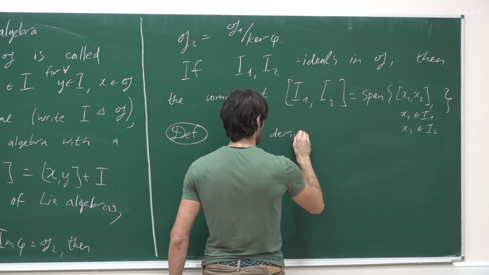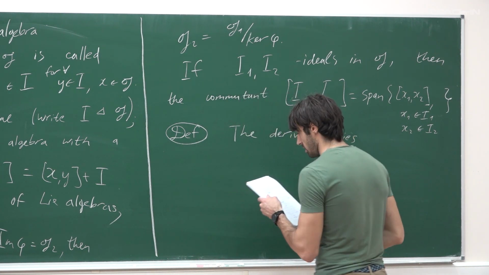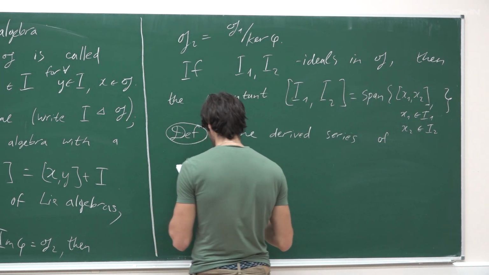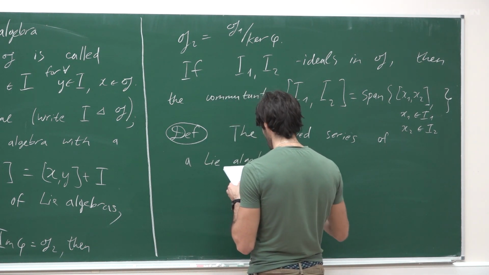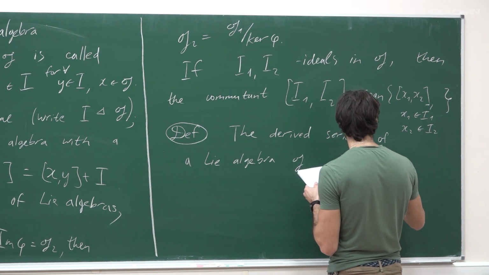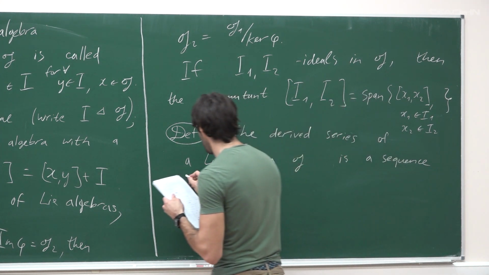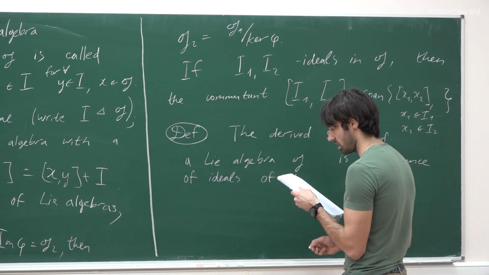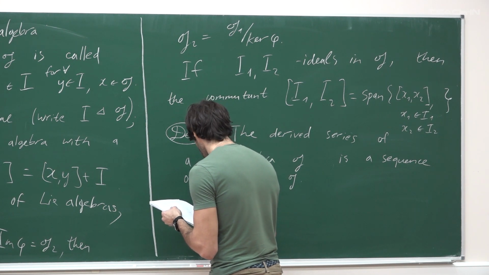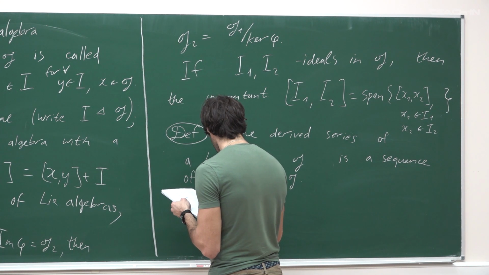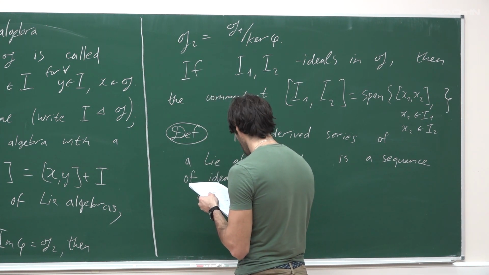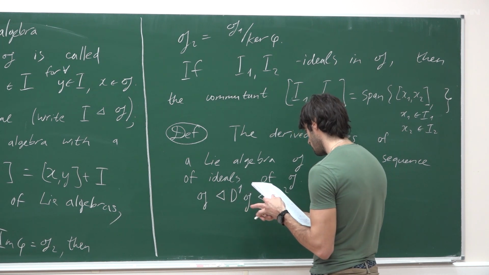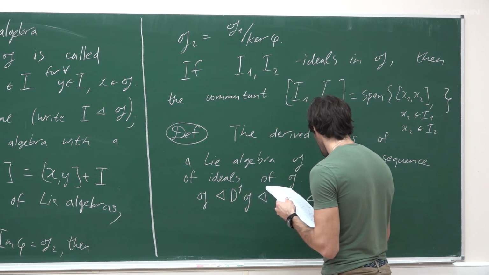The derived series of a Lie algebra G is a sequence of ideals of G. So I have G itself, then I have an ideal which is denoted D1 G, and then D2 G, which is an ideal of G, but also an ideal in D1, and so on.